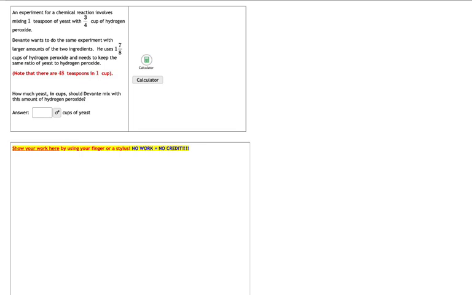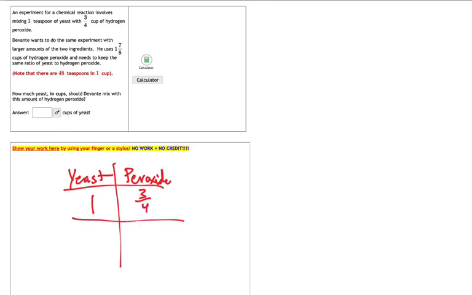And so we will start by comparing yeast to hydrogen peroxide. We originally have 1 teaspoon of yeast for every 3/4 of a cup of hydrogen peroxide.